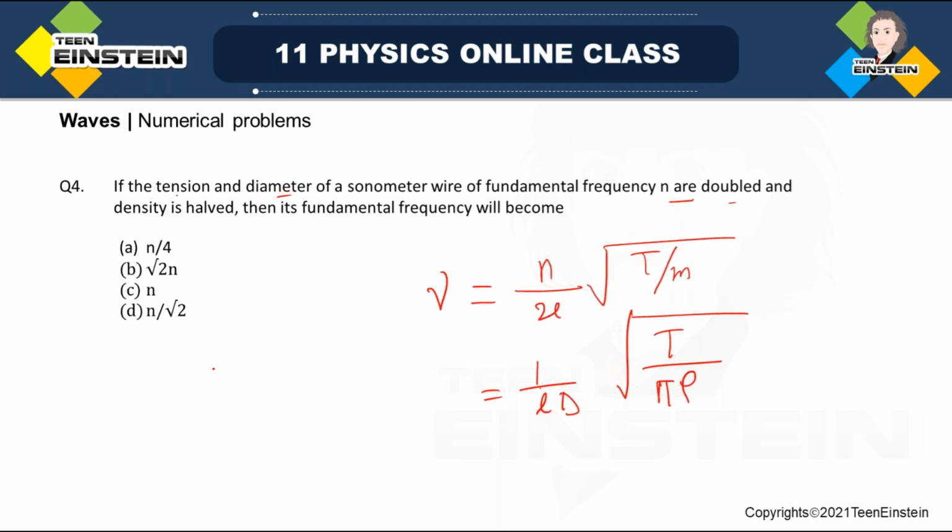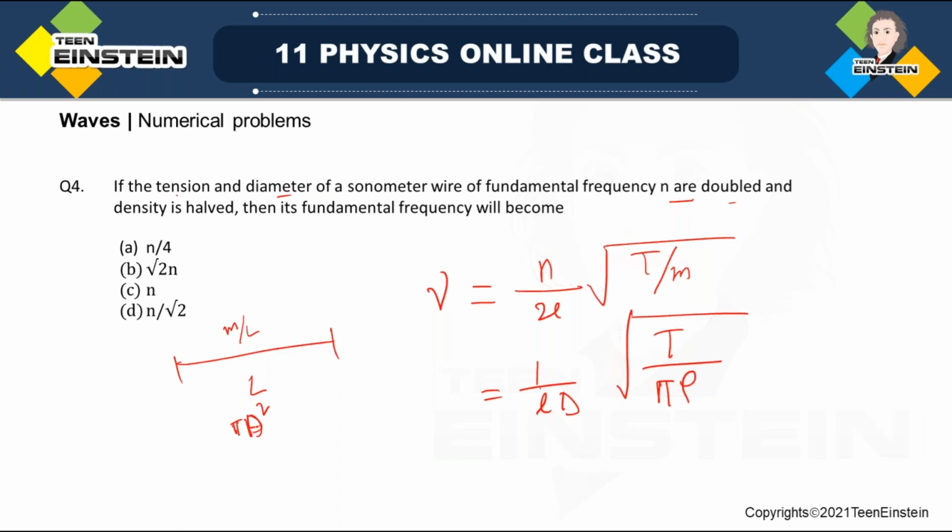It is very simple. If we know the length of the wire and if we know the mass, then mass per unit length will be m by L. But if the density is given, then we can write it in another way. You have to find out volume into rho to get the mass.